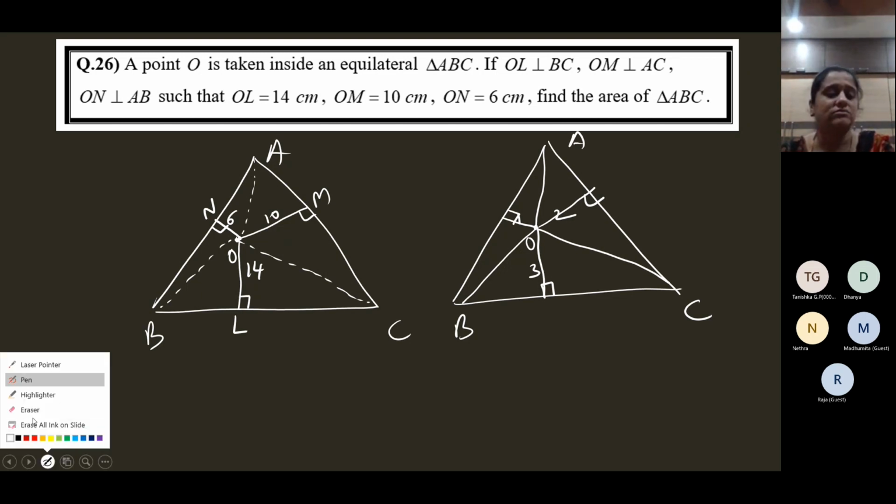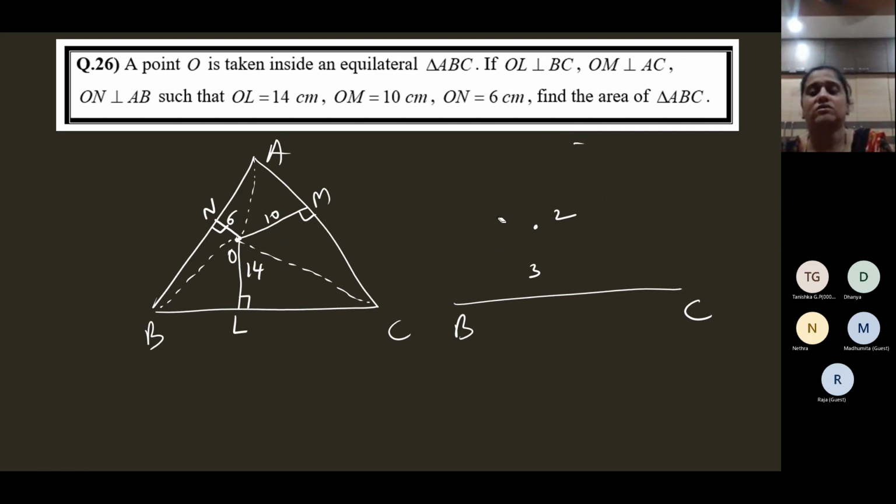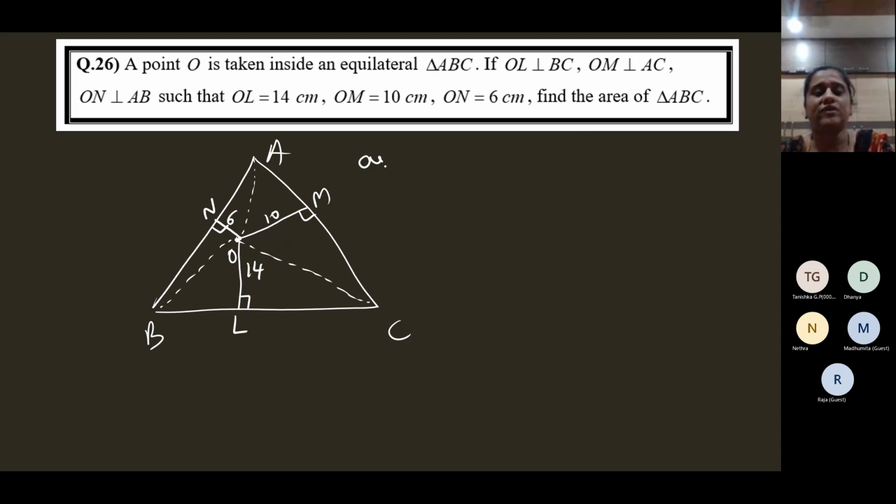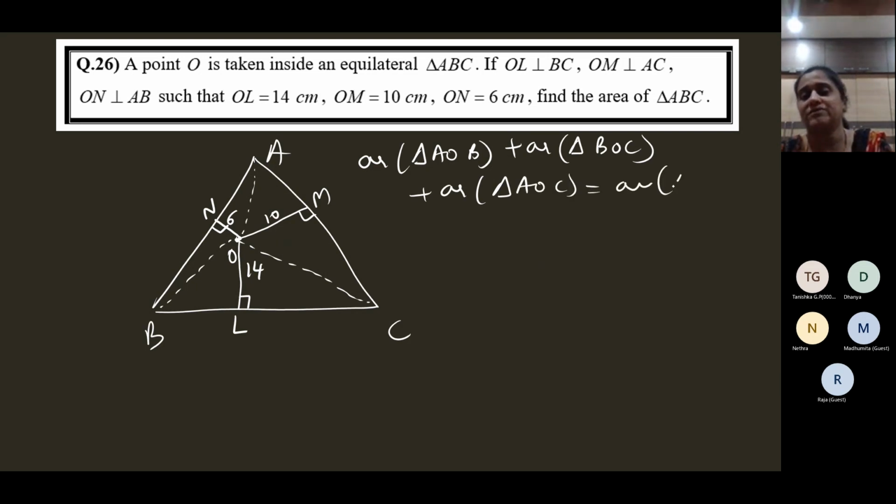That is, area of triangle AOB plus area of triangle BOC plus area of triangle AOC is equal to the area of the whole triangle ABC.